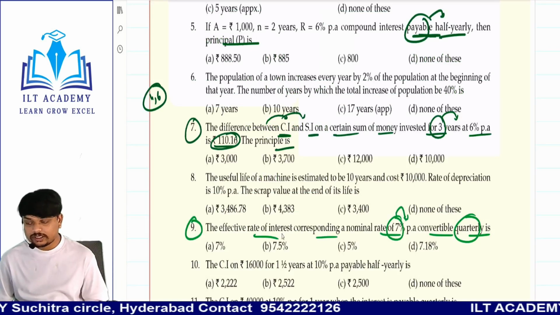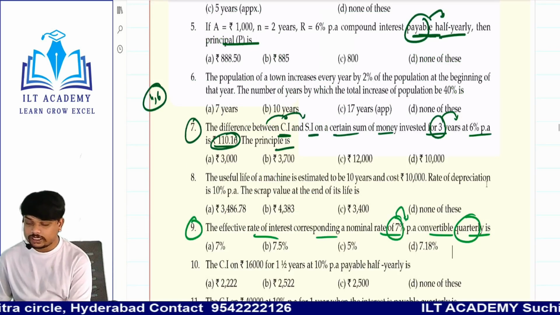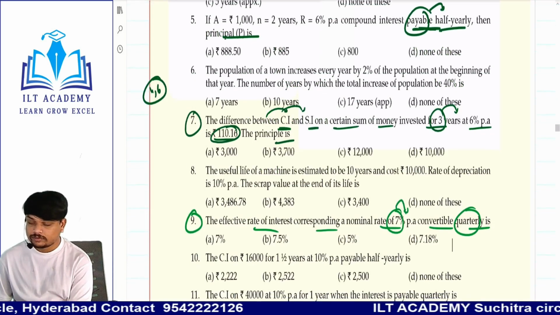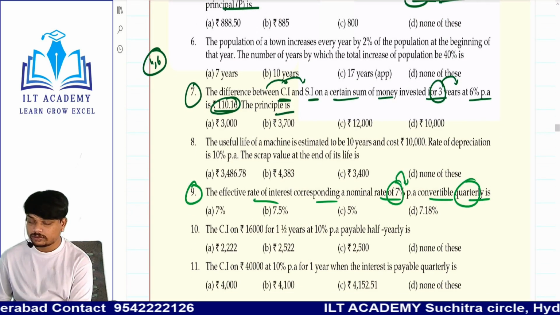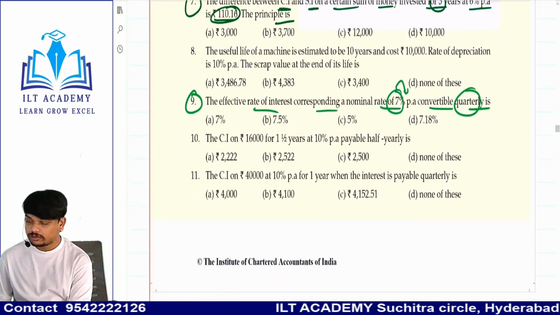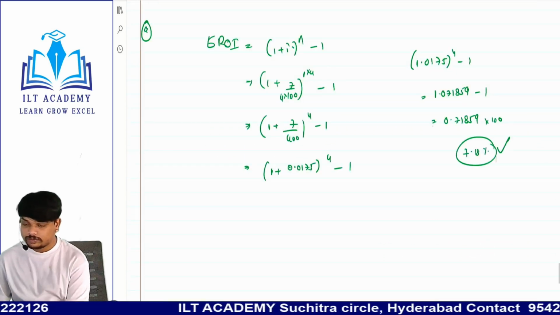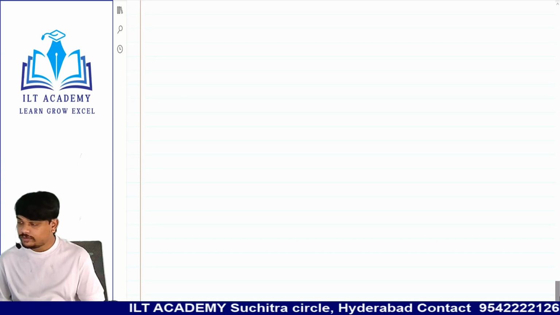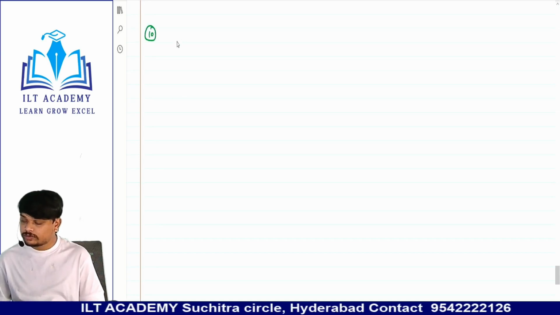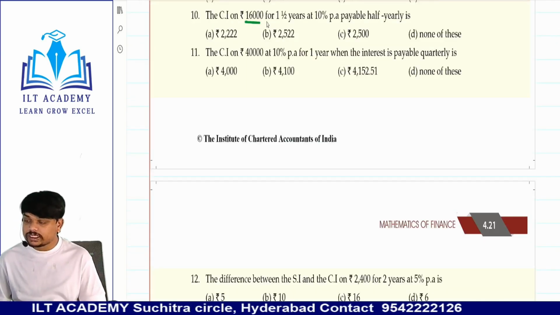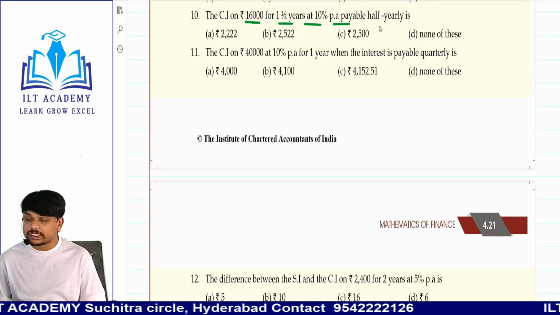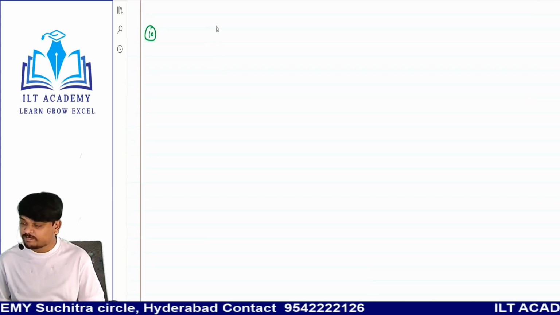Let us understand the next one. The compound interest on 16,000 for 1.5 years at 10% per annum payable half yearly is.